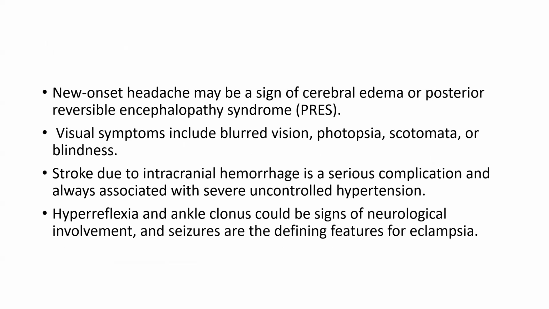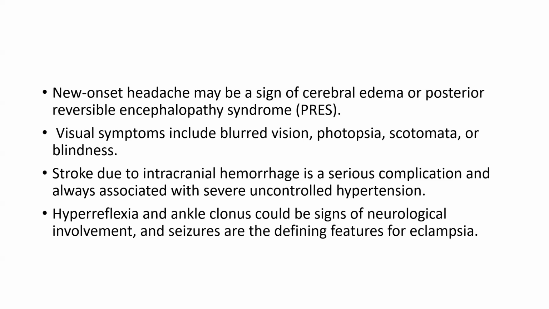New onset headache may be the sign of cerebral edema and posterior reversible encephalopathy syndrome. Visual symptoms include blurred vision, photopsia, scotoma, and blindness. Stroke due to intracranial hemorrhage is a serious complication and always associated with severe uncontrolled hypertension.